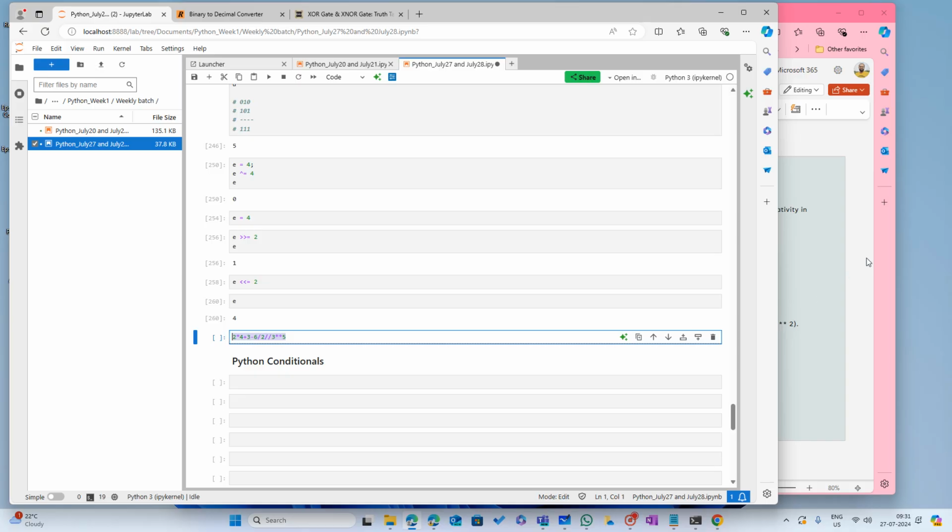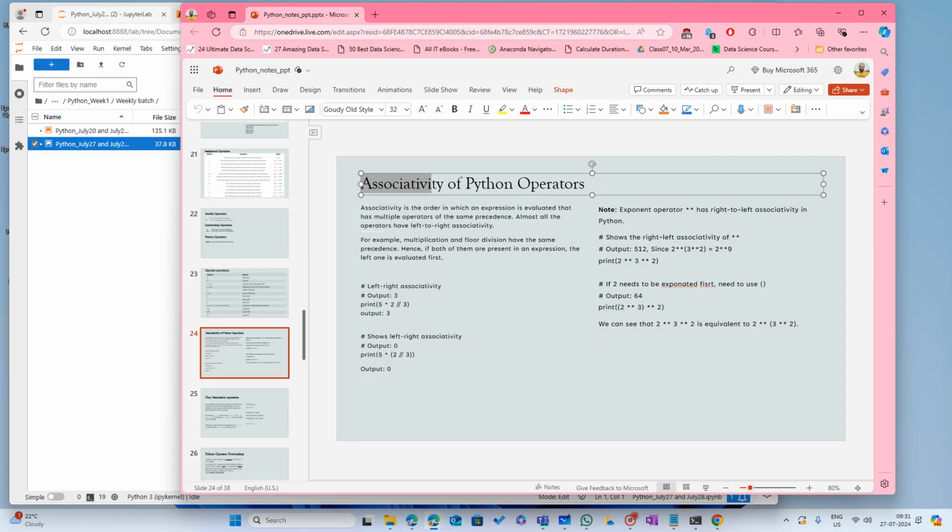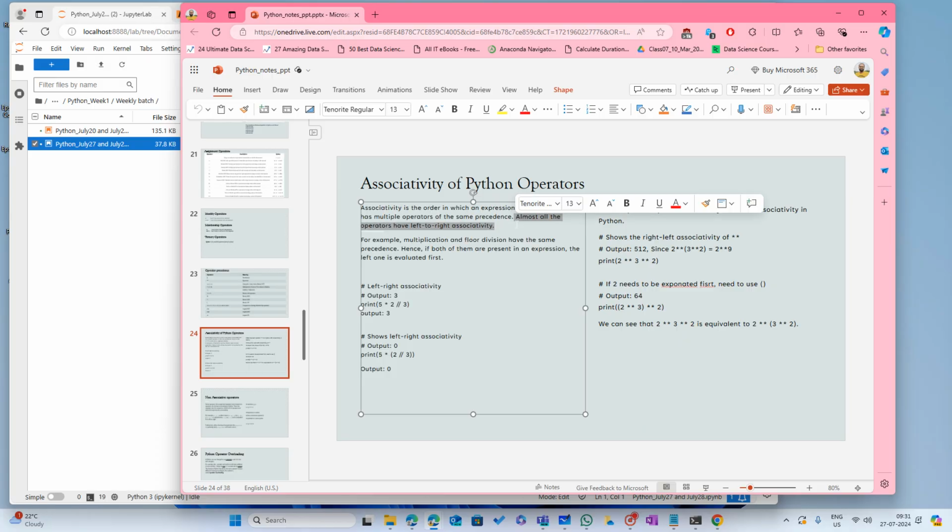That process is called associativity. Most programming languages do it from left to right.